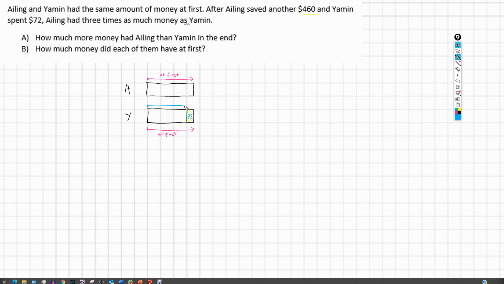So this is the end. Okay. And in fact, what I'm going to do is make that really clear with this blue. Okay. So Ailing's new block has to be 3 times the size of this.